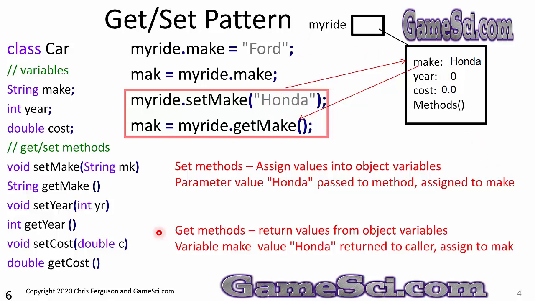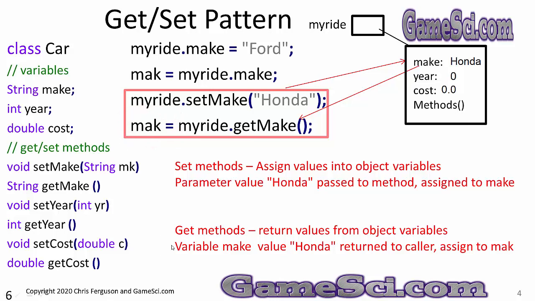Get methods. Get methods return values from object variables. The variable make's value Honda is returned to the caller and then assigned to the variable make. What is this line of code doing? It says go to the myride variable. The dot says go inside the object and run the getMake method. The method will take Honda, send it back to the caller, and assign it to this variable make.